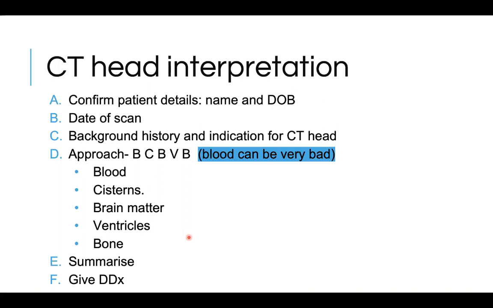Other people just do it from outside in. That's also fine. Just do whatever is systematic and a way that you remember to go through each of the different areas of the brain. Then finally, summarize your findings and give your differential diagnosis or diagnosis and a possible management plan.